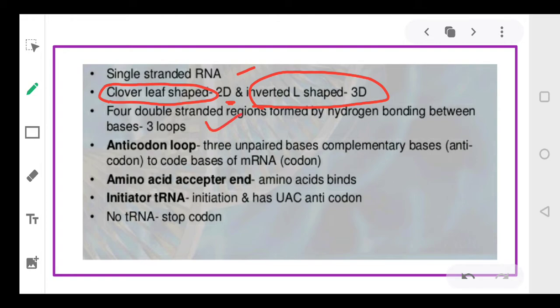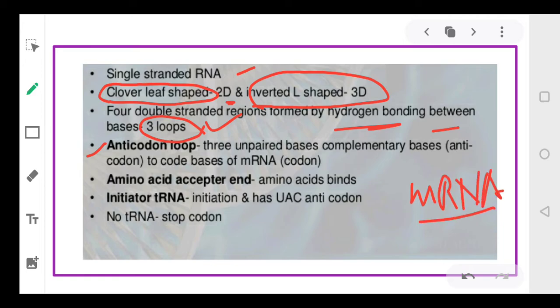There are 4 double-stranded regions formed by the hydrogen bonding between the bases, and there are 3 loops. The first loop is called the anticodon loop, the loop which will read the information present on mRNA. Just now we spoke about how mRNA has the information for the amino acids.